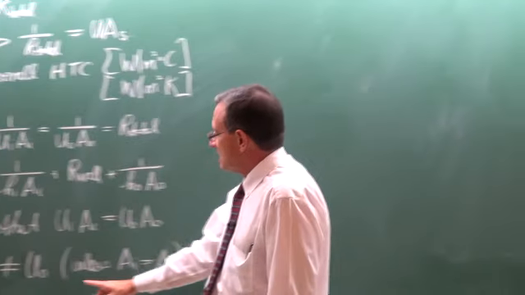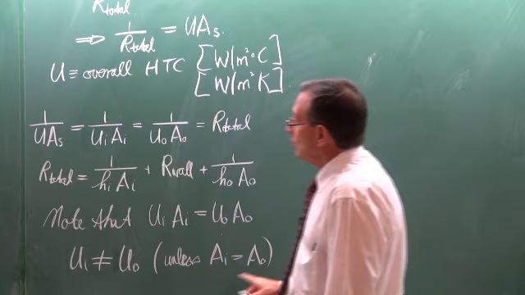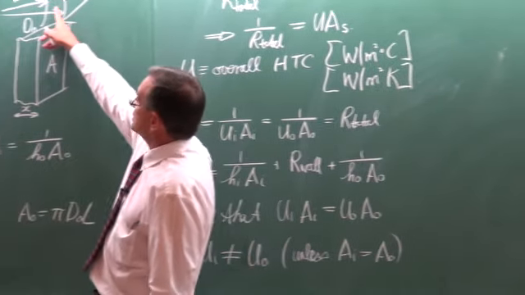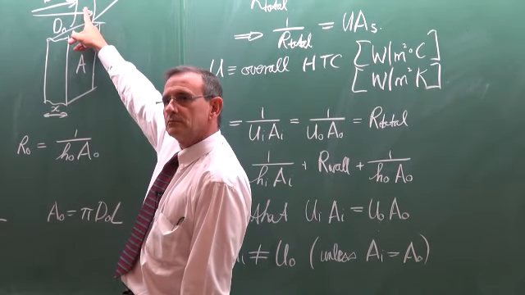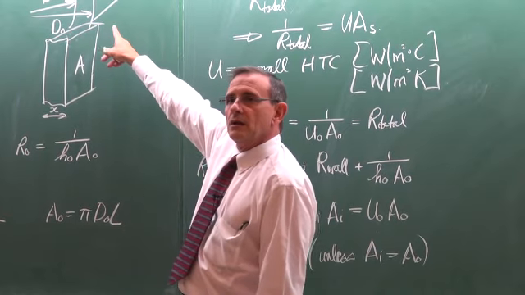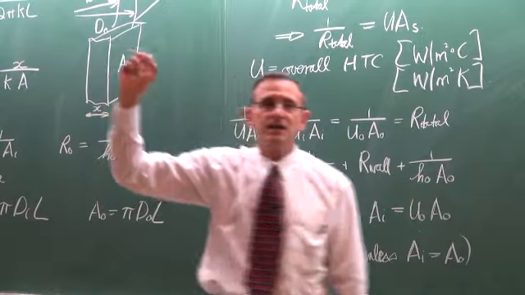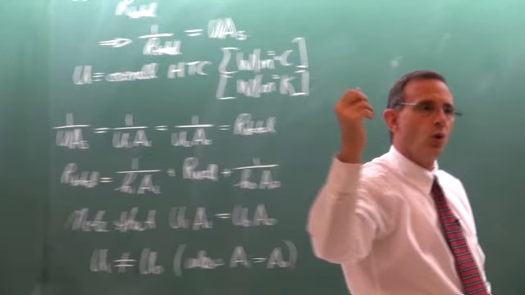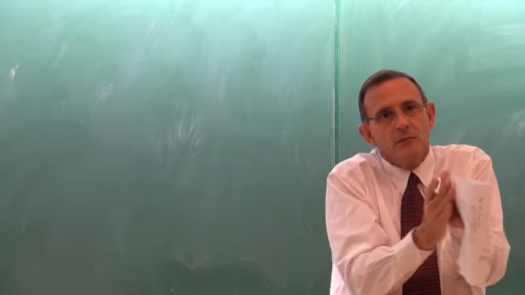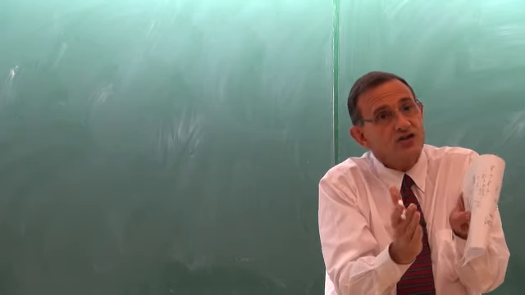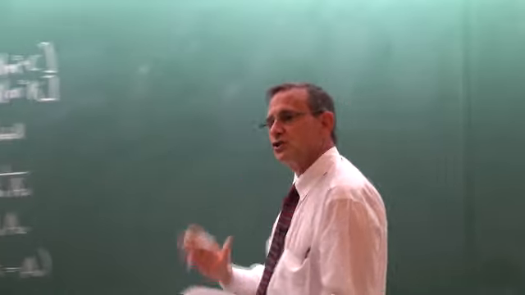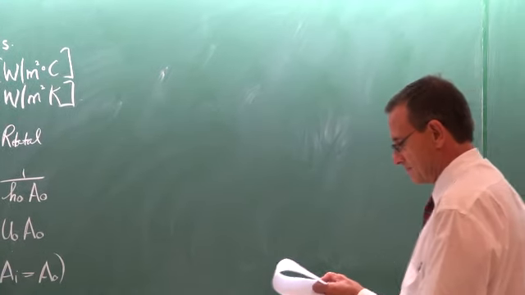When will that also be the case? When will that be true for this type of heat exchanger? That would be true if the wall is very, very thin. If the wall is very, very thin, then the area on the inside would be very close to the area on the outside, and then the overall heat transfer coefficients would be the same.